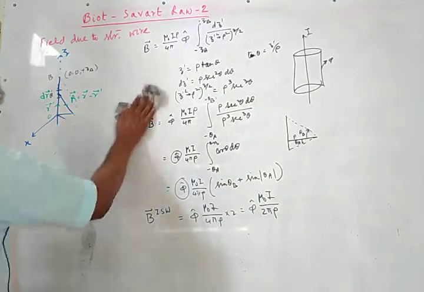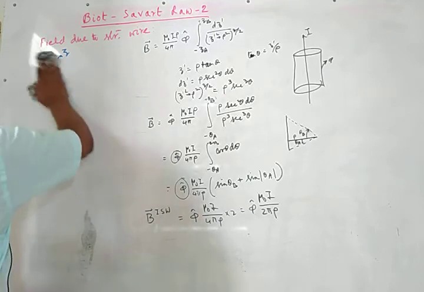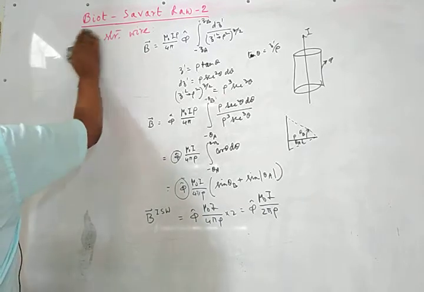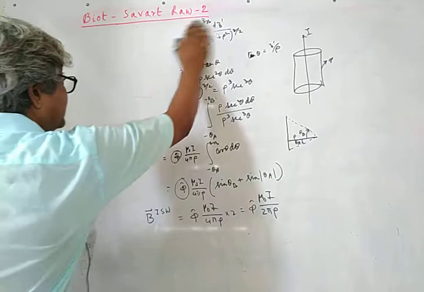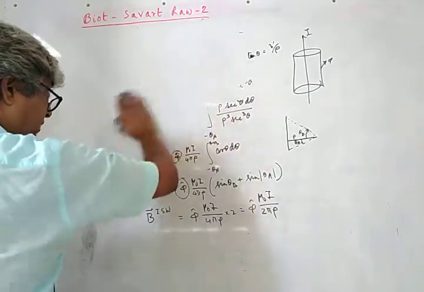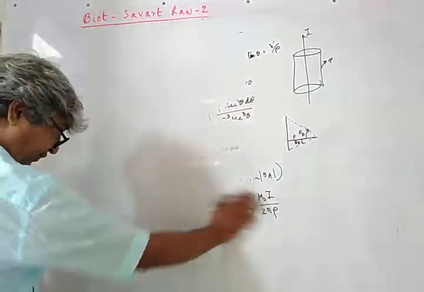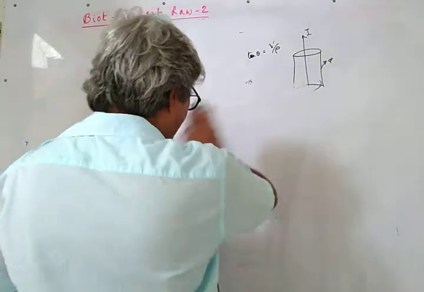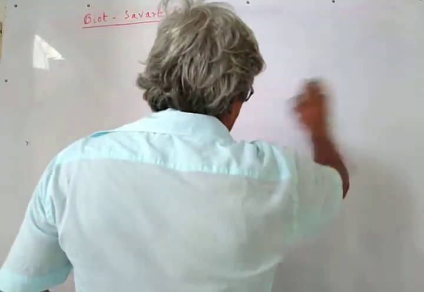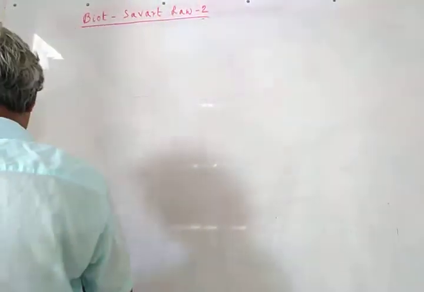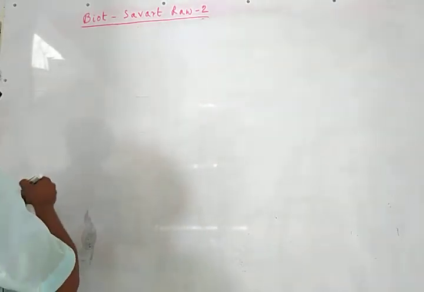We consider a current carrying conductor in the form of a circle of radius a and carrying a steady current I. Our objective is to find the field at the center of the coil. So the problem is like this.